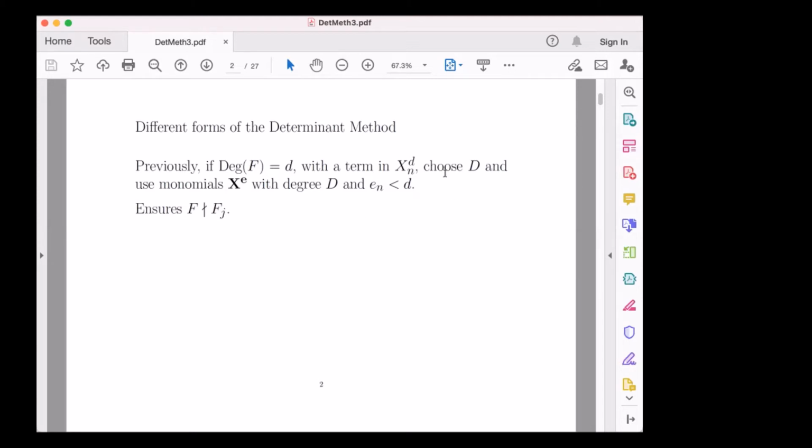And we did that in a rather cack-handed way by only using monomials that had no terms in x_n to the d or larger, that the exponent of x_n was strictly less than little d. So in general, in the determinant method, your choice of monomials is an important decision that has to be made.